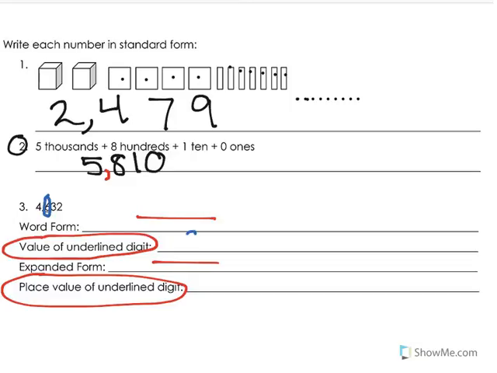The number is 6. The place value of the underlined digit is 600s. Yes, it is a 6, that is the digit, but the place value is 600s because it's in the hundreds place.